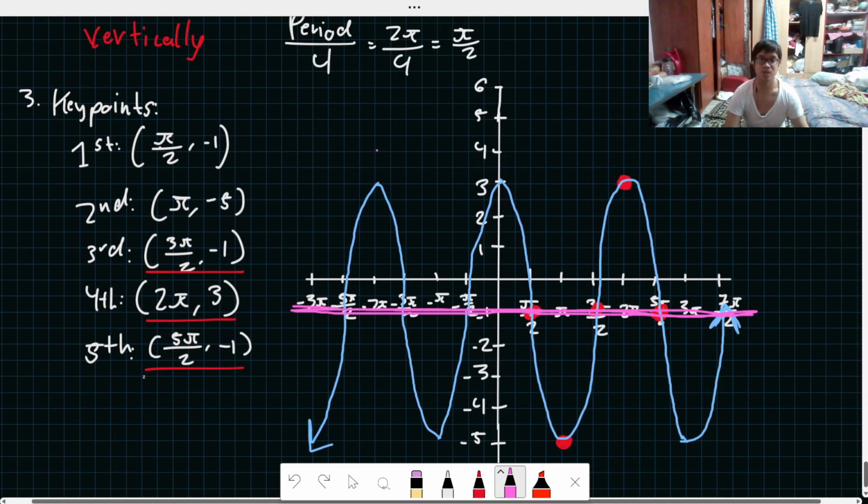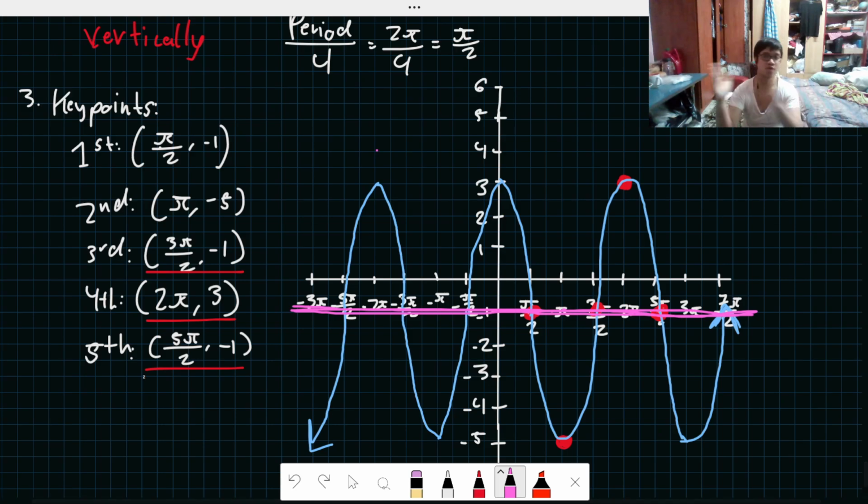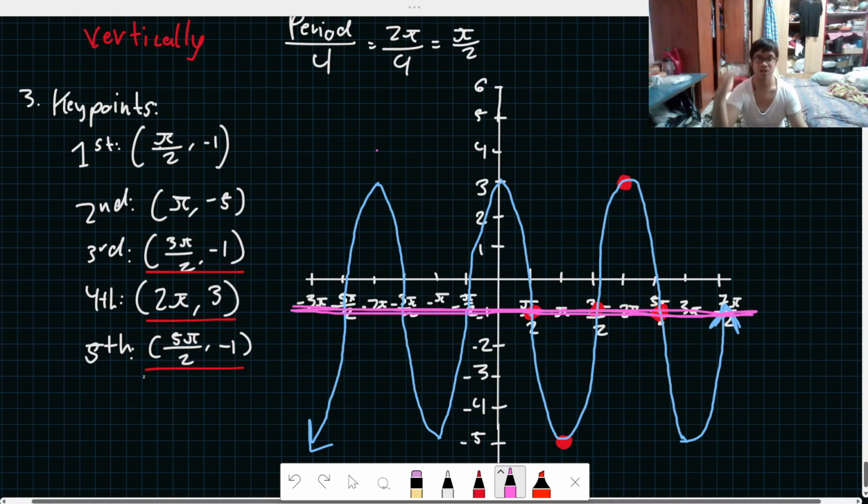Another thing, right? We started here. This is the first key point. The fact that the first key point is not on the y-axis means that the graph moves pi all over 2 units to the right. So not only is there a movement downward, but there also exists a movement to the right.